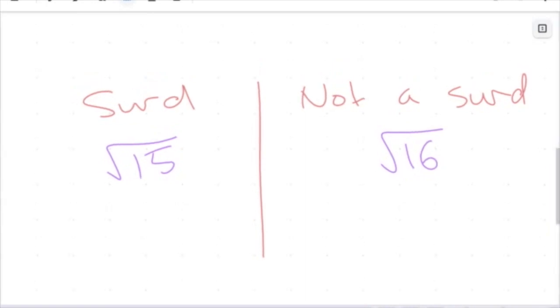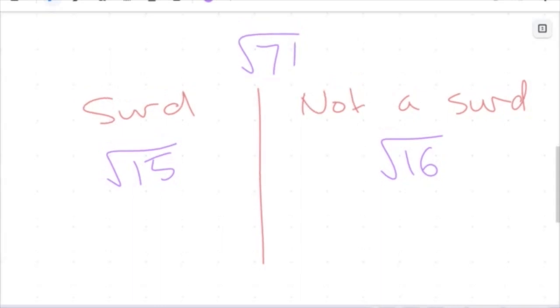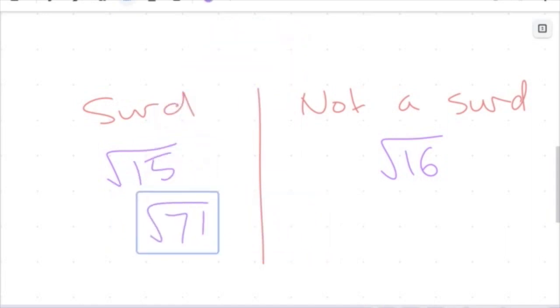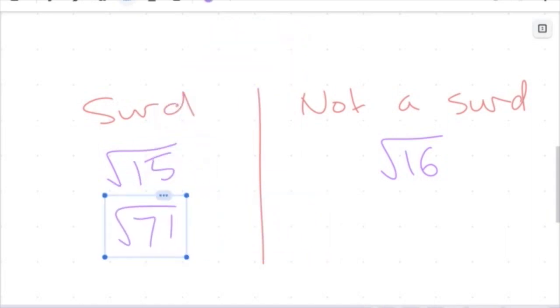Let's try maybe 2 more. If I have the square root of 71. Pretty clearly 71, from what we remember with our perfect squares, is definitely not one. So when we take the square root of 71, we're going to get an ugly number. So I get another surd.